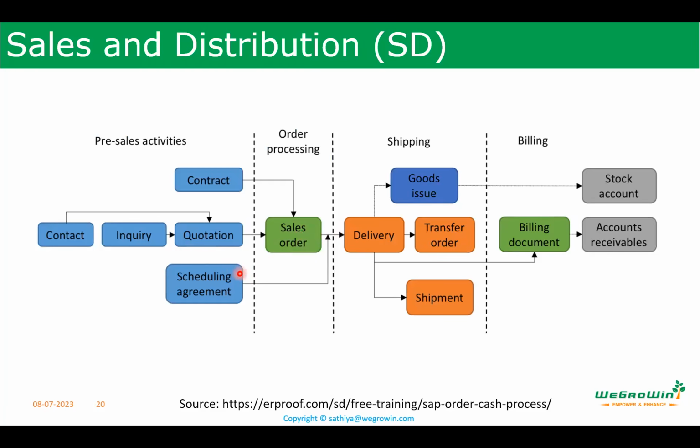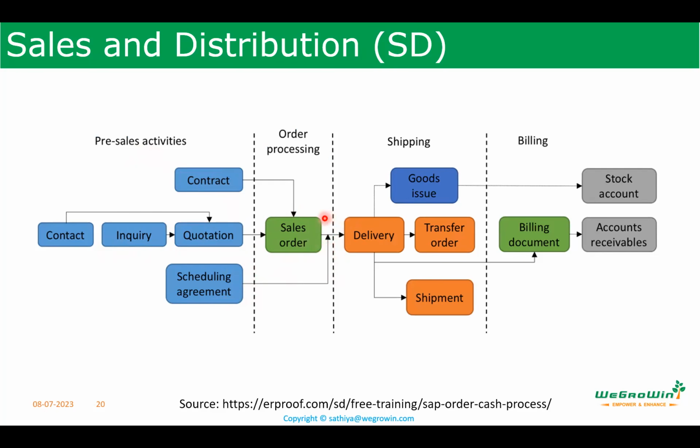Sales activities, sales and distribution. The sales order is generated based on the query and quotations coming from sales, which are the pre-sales activities. There may be a contract with the sales. Sales order is generated. Sometimes there may be a scheduling agreement with the customers.